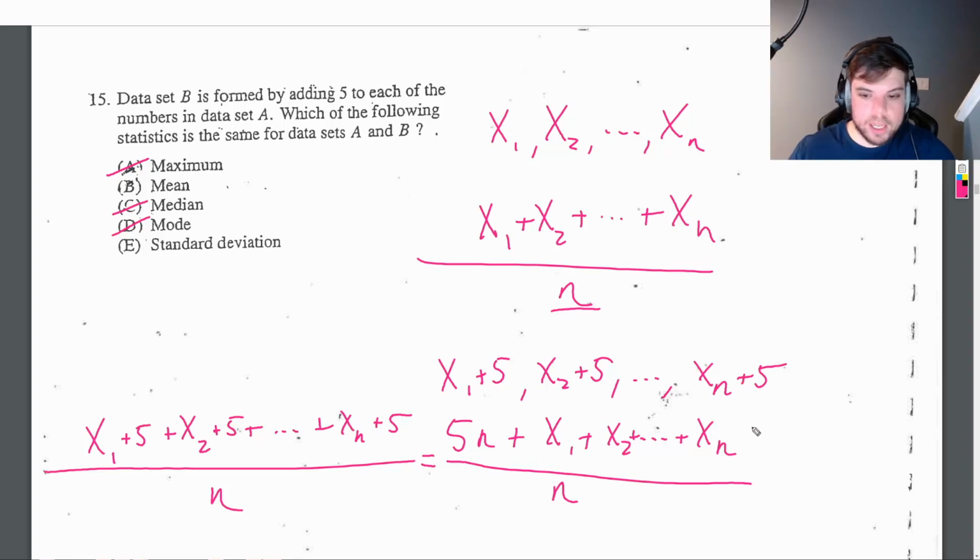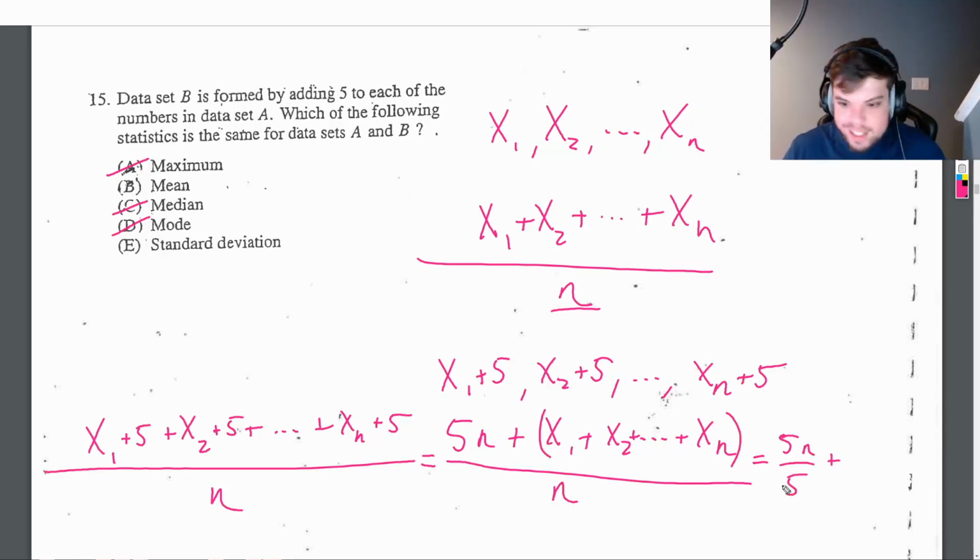If we split up the fraction, we get 5n over n plus x1 plus x2 and so on over n.